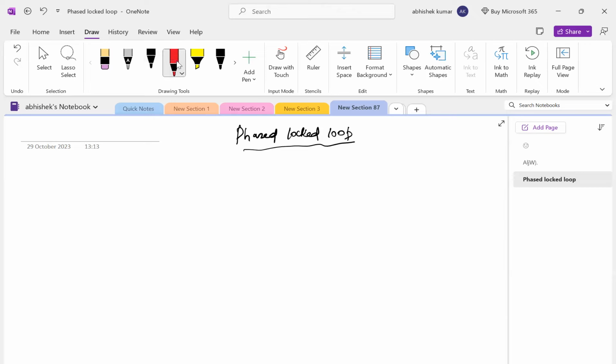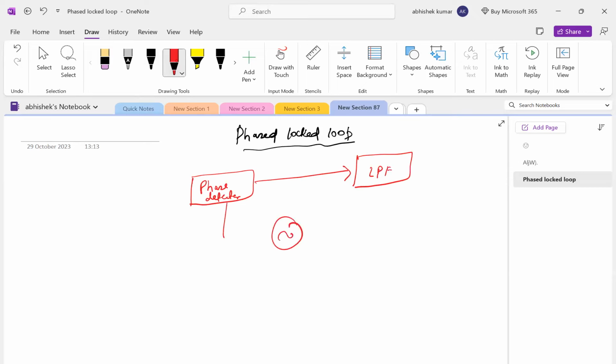Let's see how the PLL works. Suppose this is our phase detector. This is our low pass filter. This is our VCO.